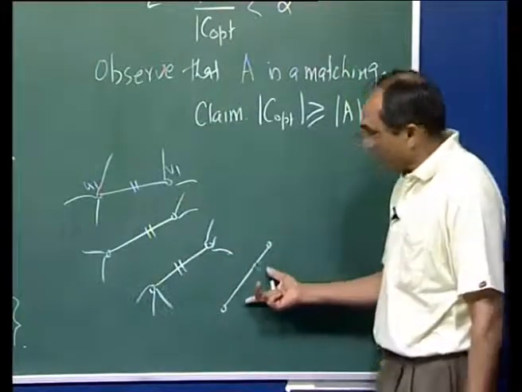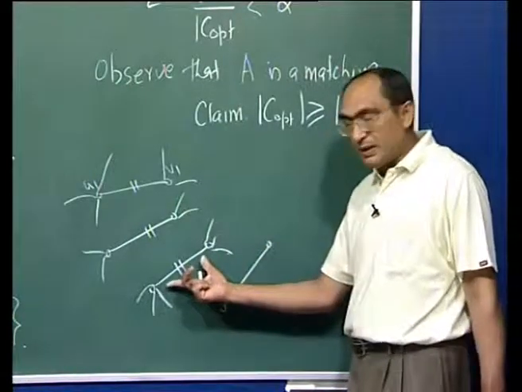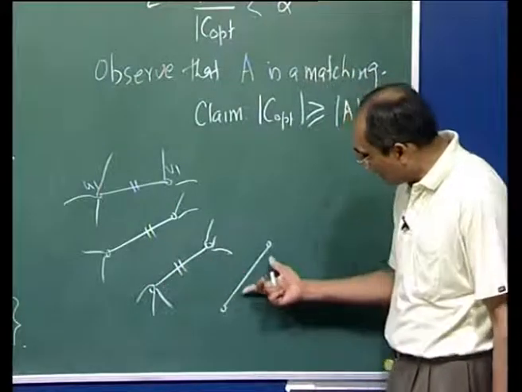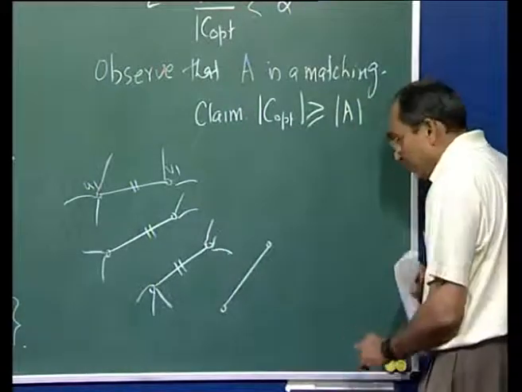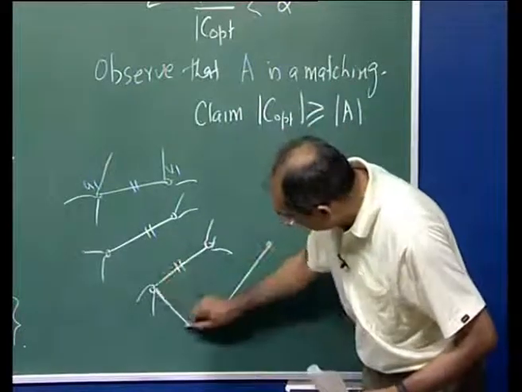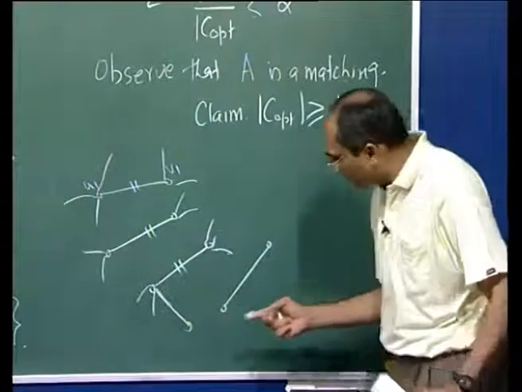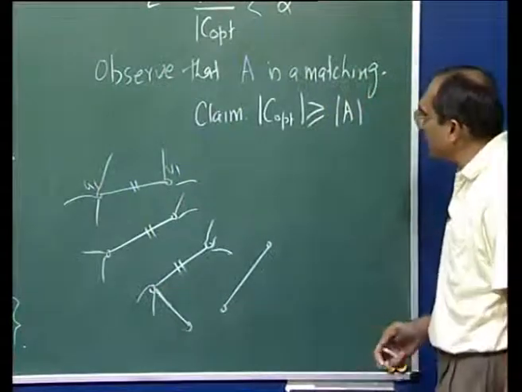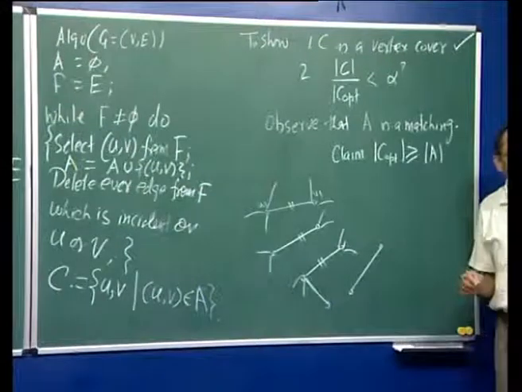F will not go empty. So, either this is covered as a member of A, no problem then, else this edge must have been eliminated. If this was eliminated, then certainly it is an edge of this kind somewhere. Hence, we know that this vertex is in C. So, that takes care of the fact that C is indeed a vertex cover.